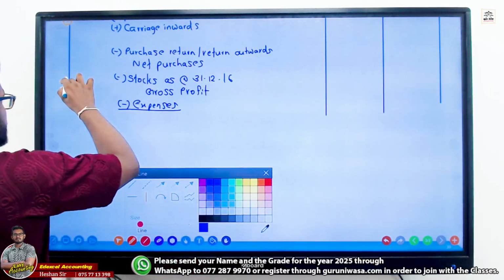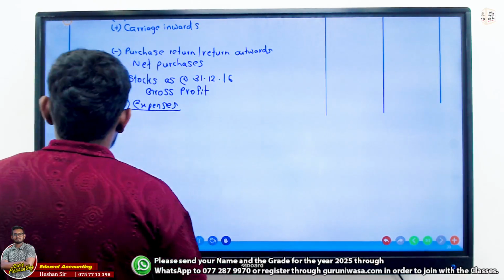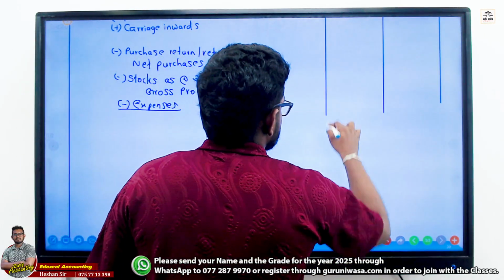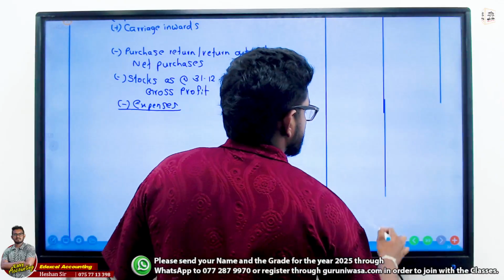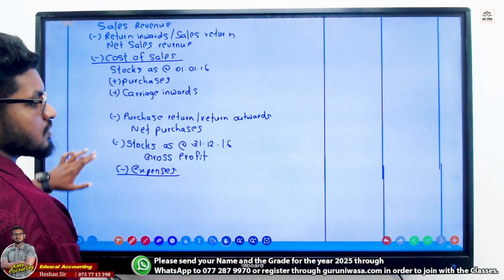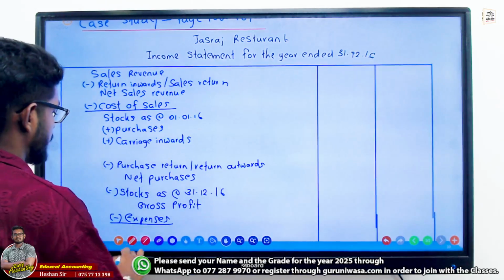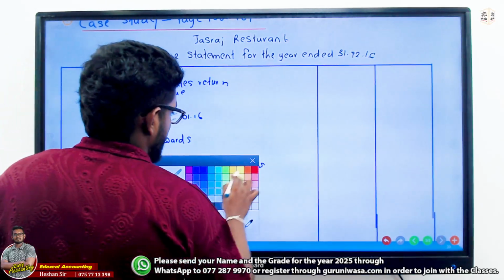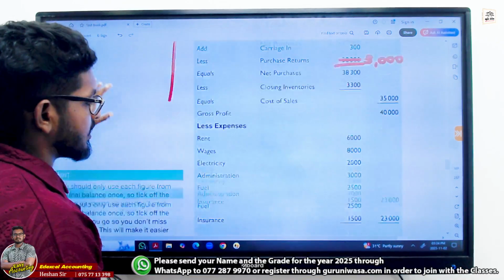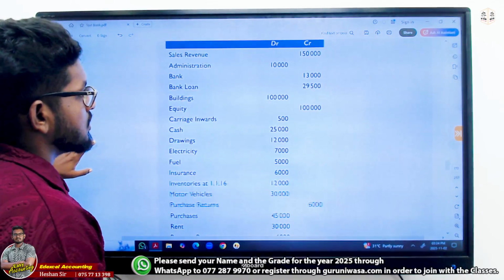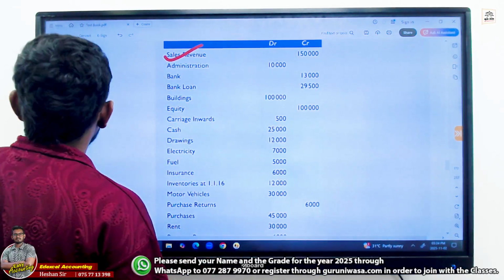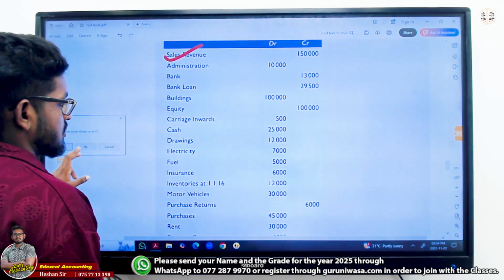Right. Now let's feed the information in here. Taking each figure, put ticks, right? Then you can have a clear idea. Sales revenue 150,000.